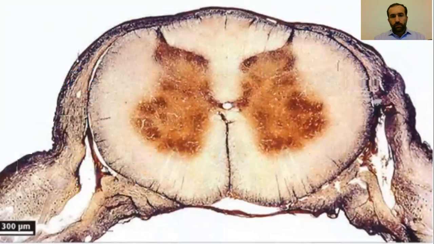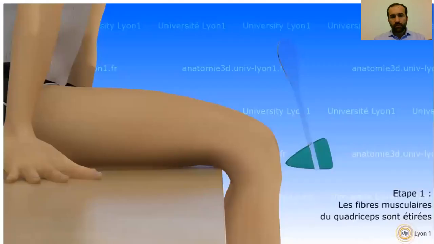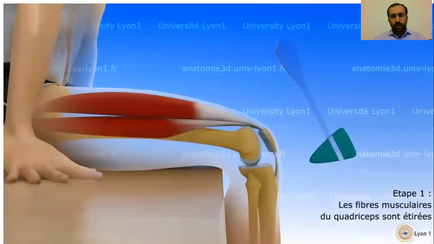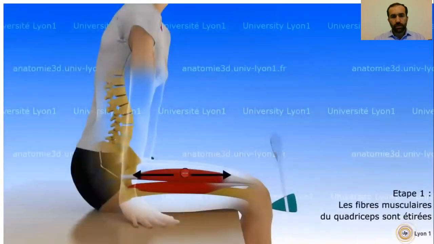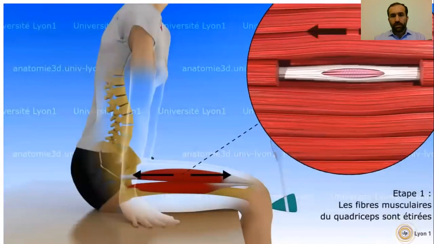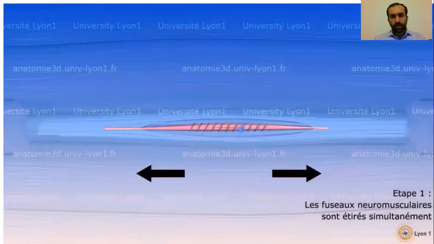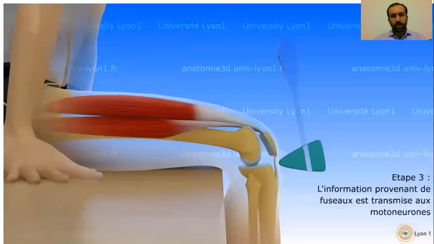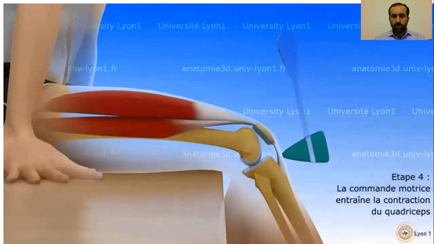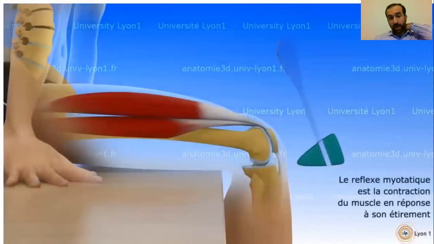We already showed you in the previous video the importance of the sensory receptor, which is the neuromuscular spindle, that is stretched by this stimulation by hitting the tendon of the muscle. And this stretching is at the origin of a sensory message that is directed to the spinal cord, which is the center of this reflex.